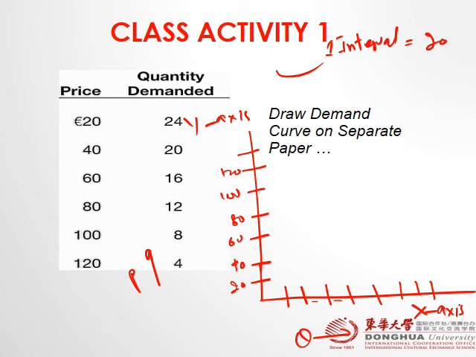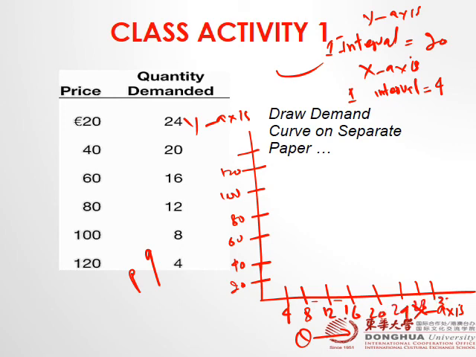I'm just talking about the y-axis here. On the x-axis, one interval is equal to 4. So the differences are going to be 4, 8, 12, 16, 20, 24, 28, 32.